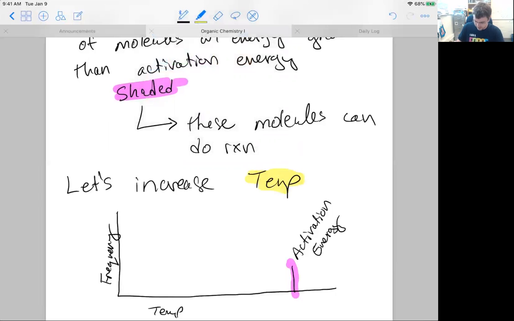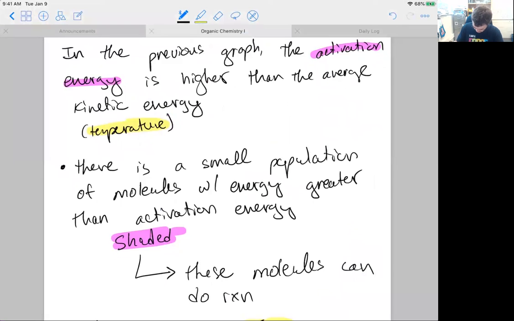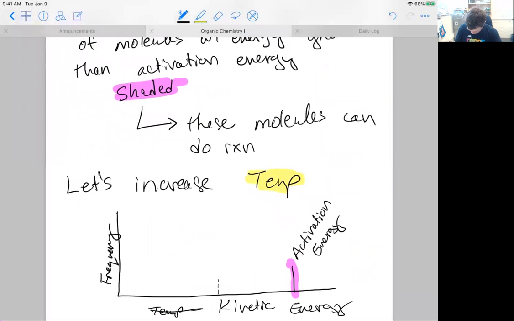So maybe kinetic energy is a better label. But I want to increase the average kinetic energy of our system. So maybe originally it was pretty much halfway. The original temp. Now again, the temperature is the average line. And what we're going to do is we're going to shift it over.